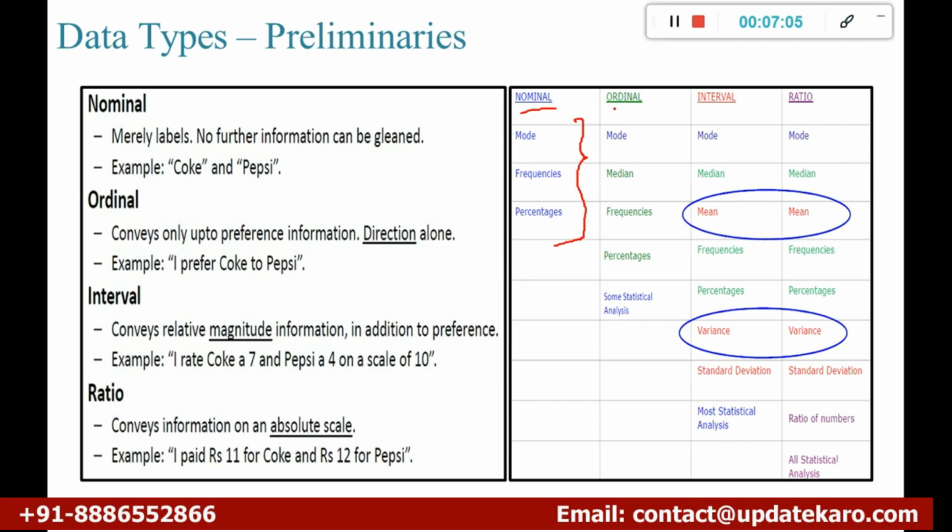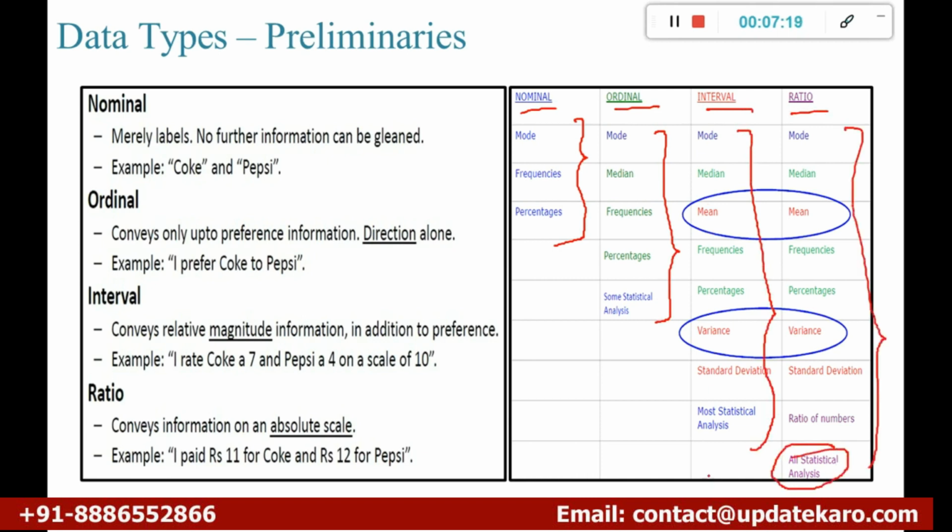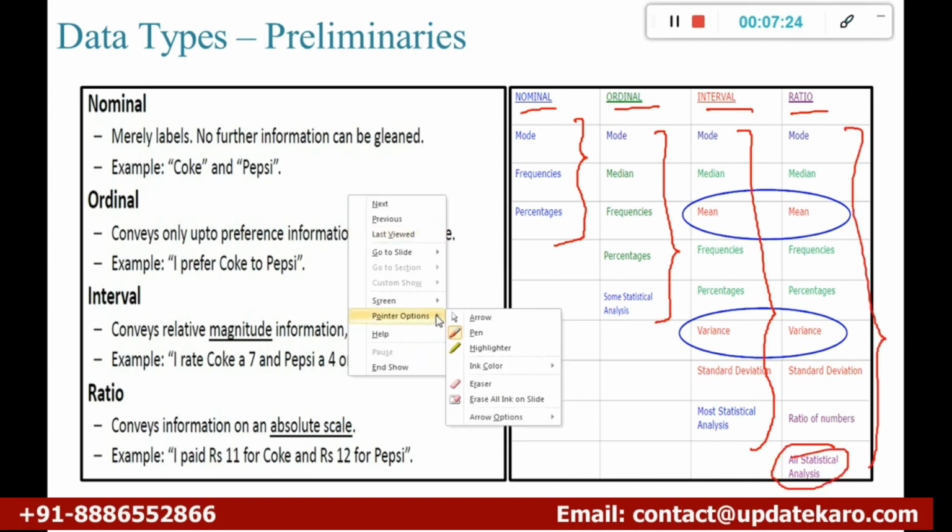If you have ordinal data, you can do these sort of operations. If you have interval data, you can do all these operations. And if you have a ratio data type, then you can do almost all statistical analysis. That is why these data type preliminaries are very, very important.